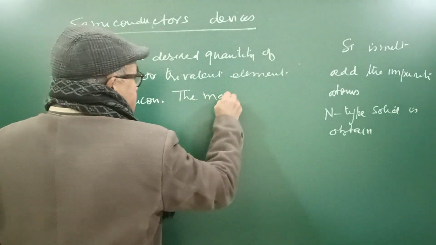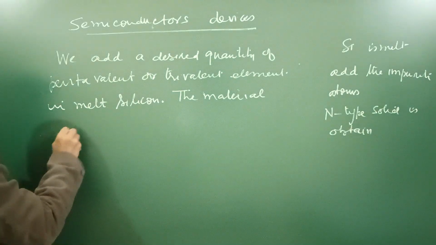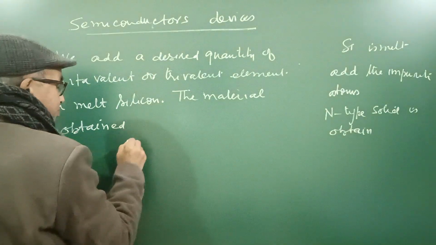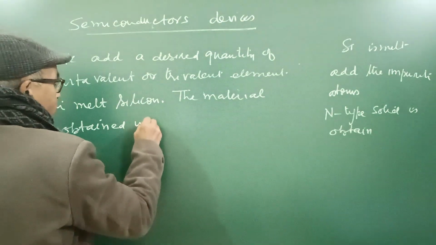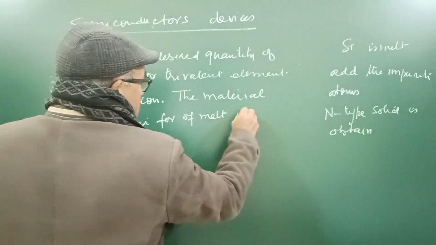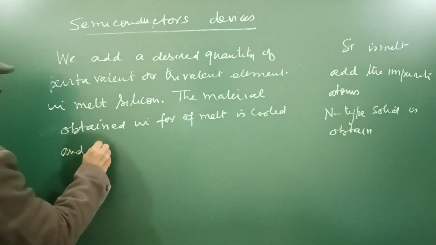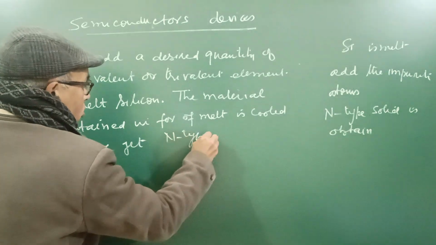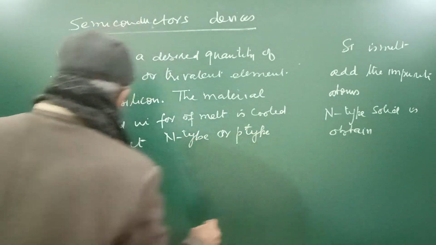The material obtained in the form of melt is cooled, and we get N-type or P-type solid.